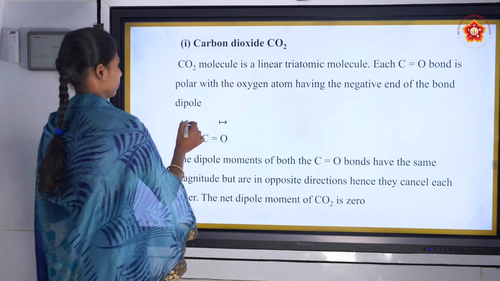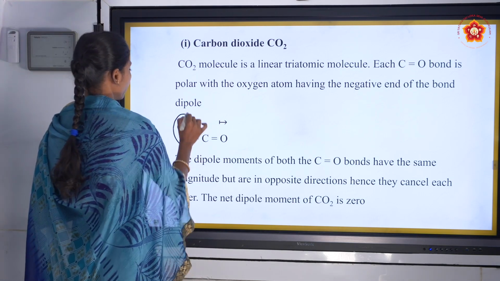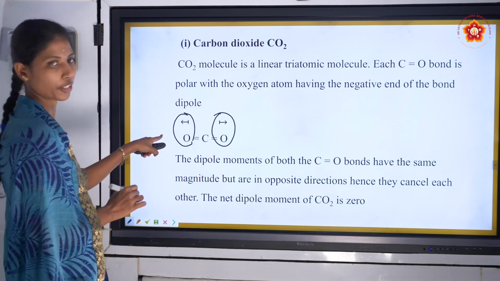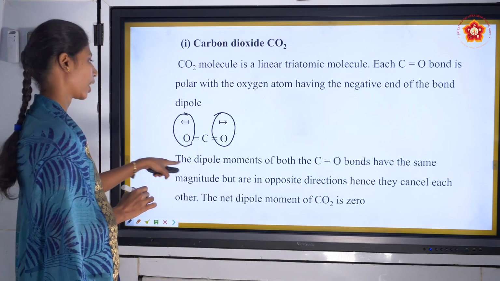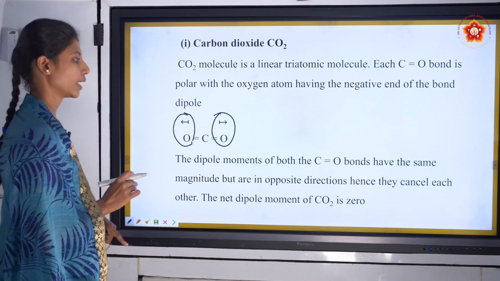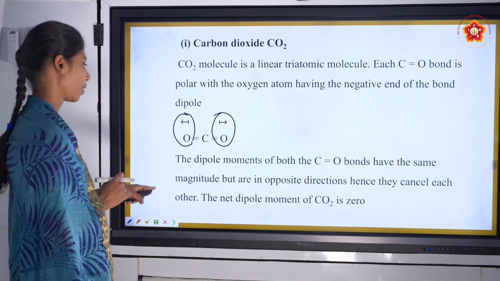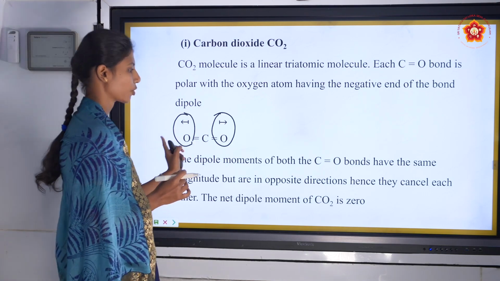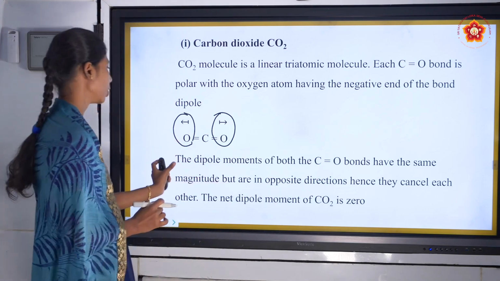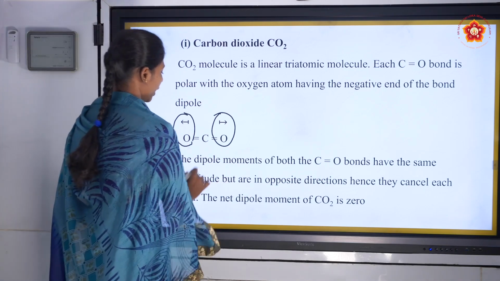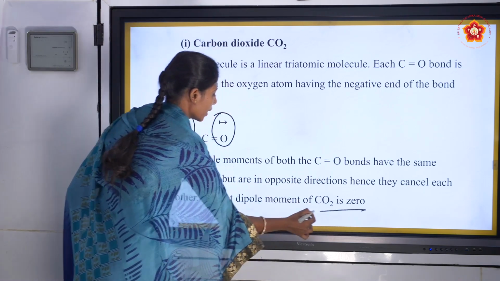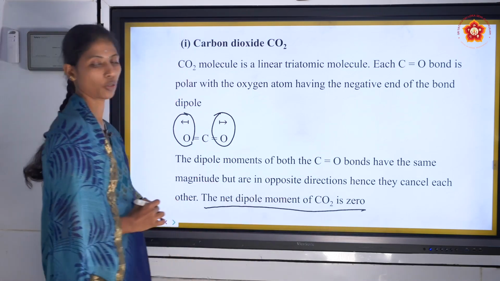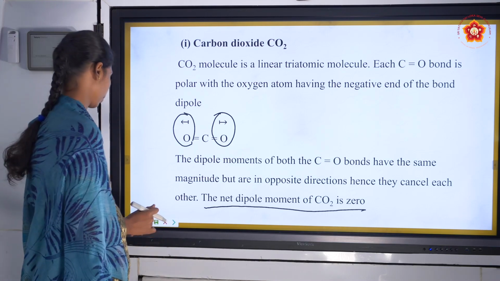The dipole moments of both C double bond O bonds have the same magnitude but are in opposite directions, so they cancel each other. The net dipole moment of CO2 is 0. Very, very important, the net dipole moment of CO2 is 0.